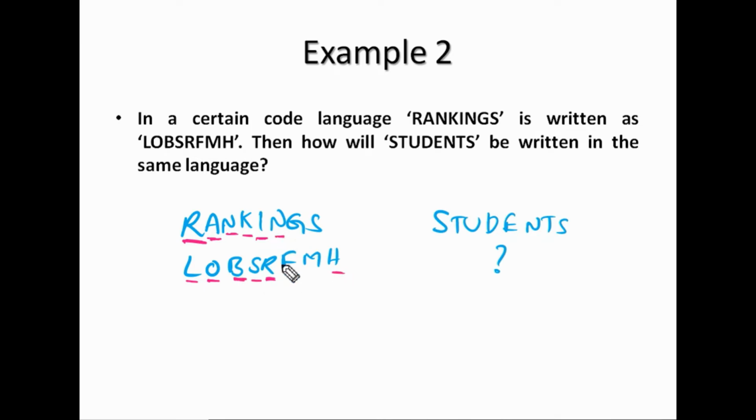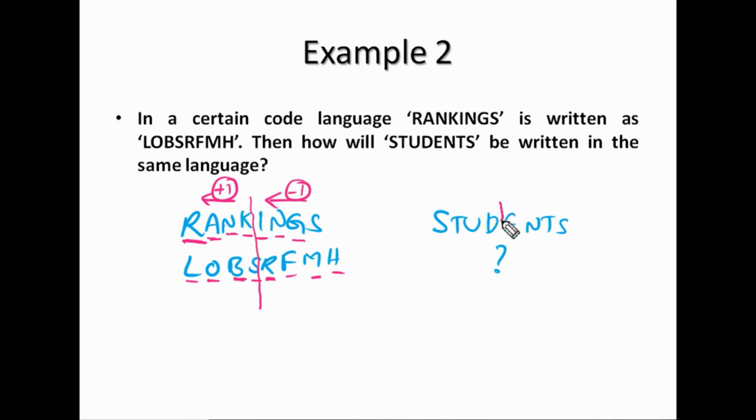N: M, that is also a before letter. G, F, S, R. Here the logic is, first of all, he has divided the total word into two halves. The first half is in the reverse order with plus 1, next letters. The second half is also in the reverse order, but with minus 1. That is the logic.